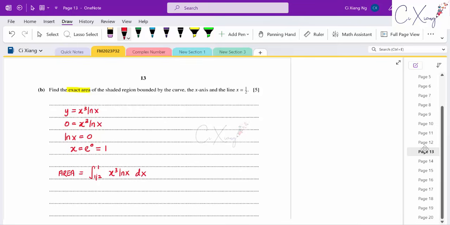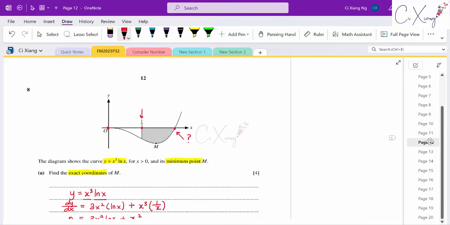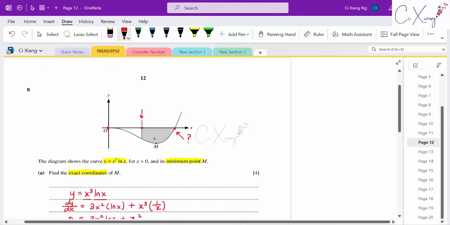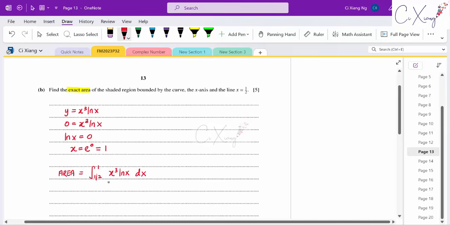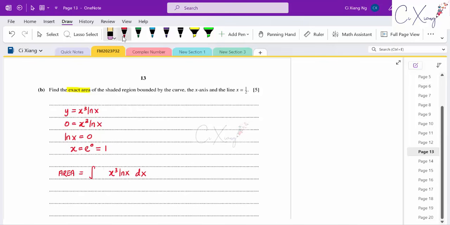By right, it should be something like this. But if you observe, you will see that this area is below the x-axis. So if I integrate using the formula that I wrote out like this, I will get a negative value, and area should always be a positive value. So there are two ways that you can do it. Either you change the limit to become 1 to half.